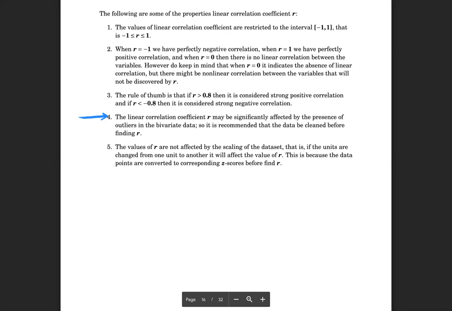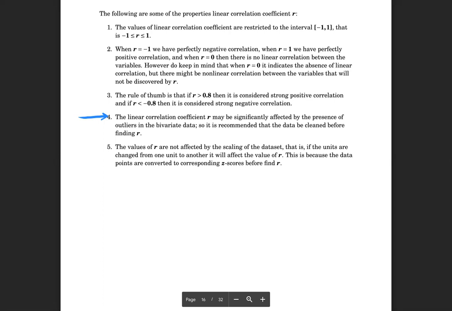Okay, if you include that $10 million data point in the calculation, then you will be running into problems, because the $10 million is going to have a significant impact on the correlation. So you want to exclude extreme data points like that before you calculate your linear correlation coefficient.